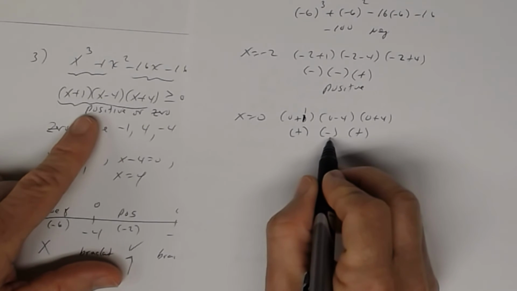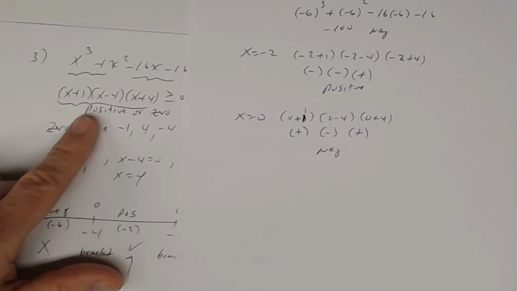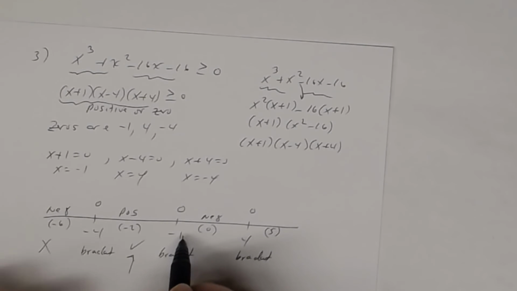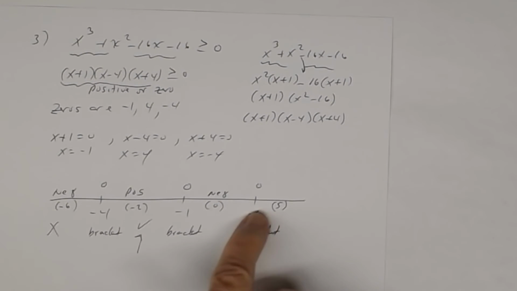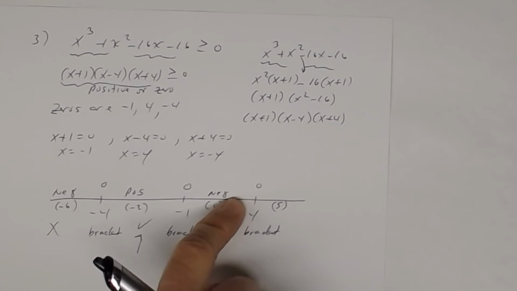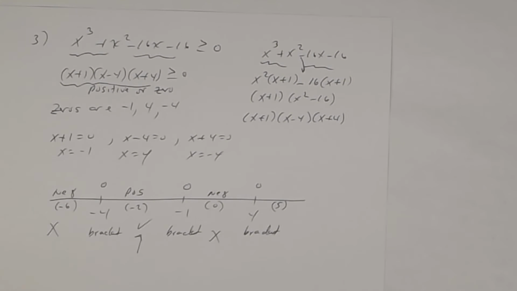A positive times a negative times a positive is a negative. So what I found is that any real number between -1 and 4, in that interval, will make this left side negative, and I want positive. So that interval right here is not going to be a solution.